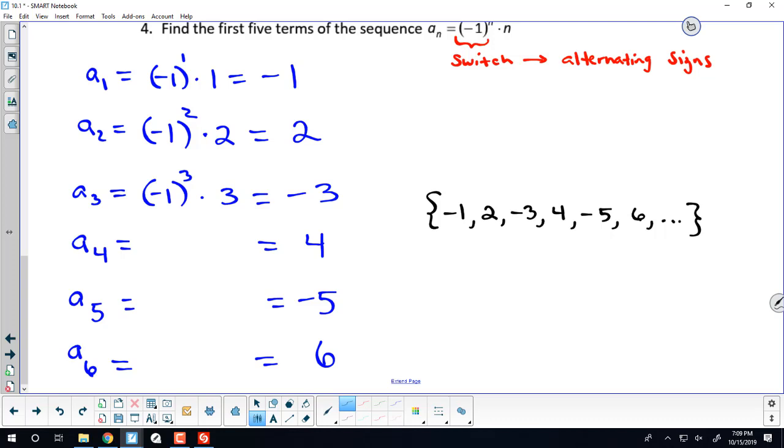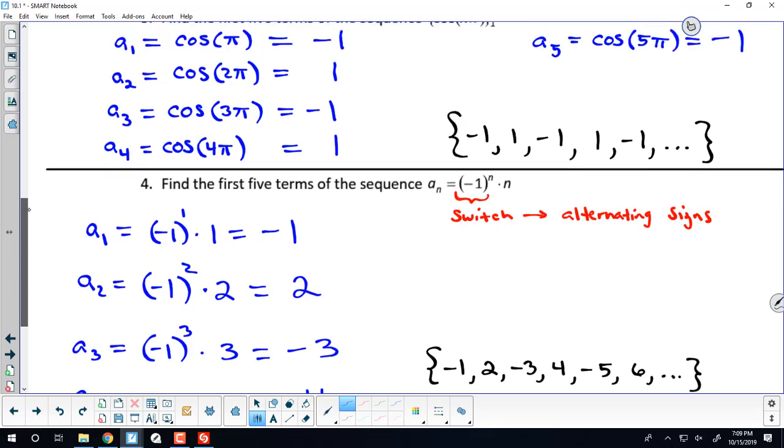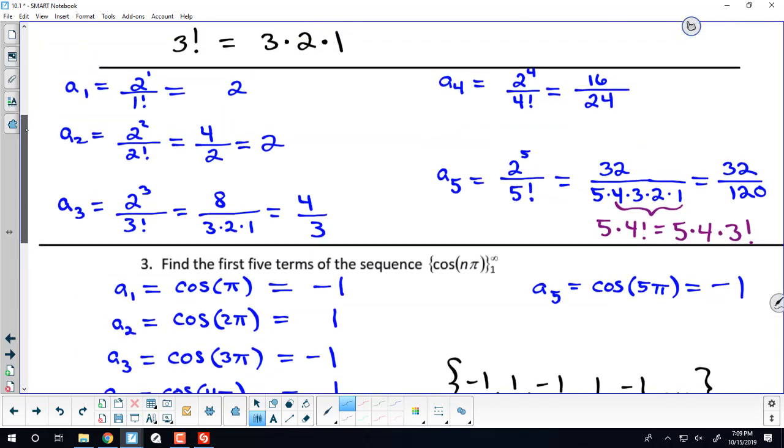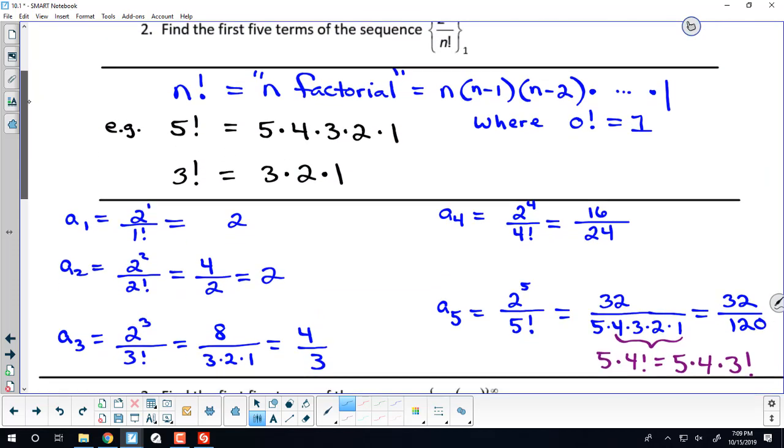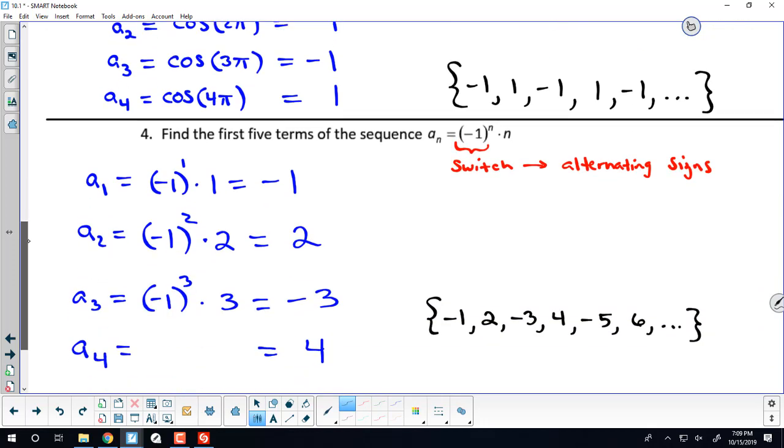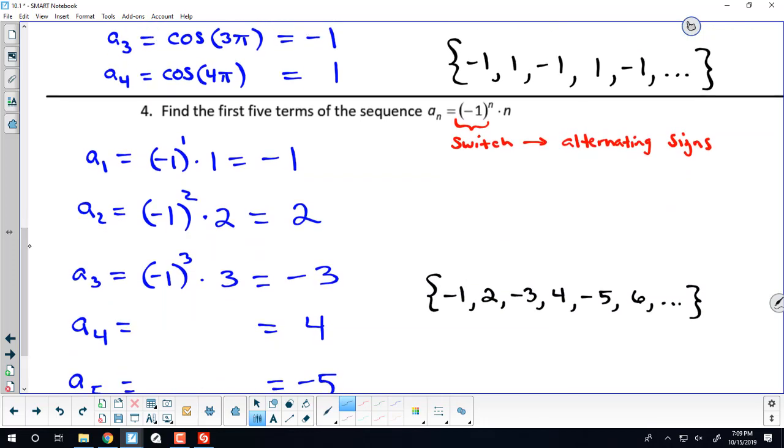Like, if we were to look at a couple of these sequences that we wrote out, well, we didn't actually write that one out. But if I asked you, does the sequence -1, 1, -1, 1, -1, etc., converge or diverge, or does that even make sense to ask? Could we say that converges or diverges?